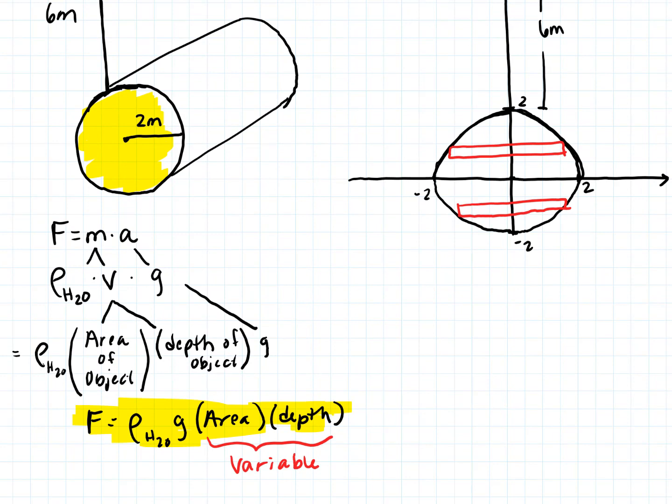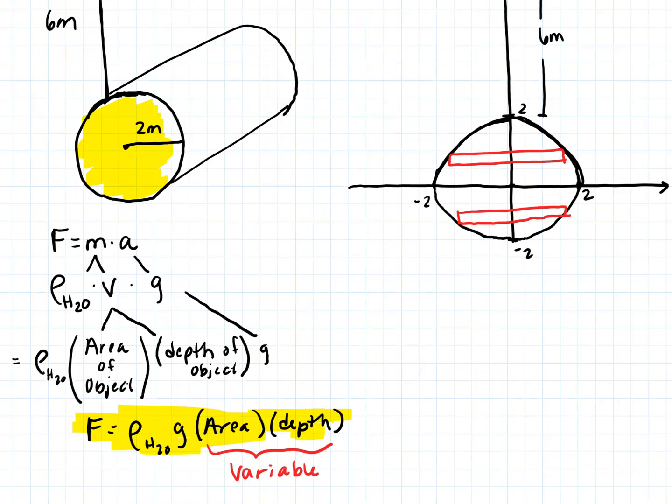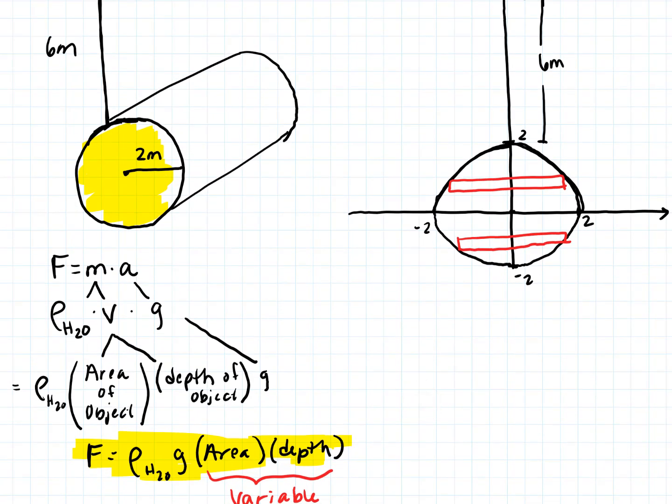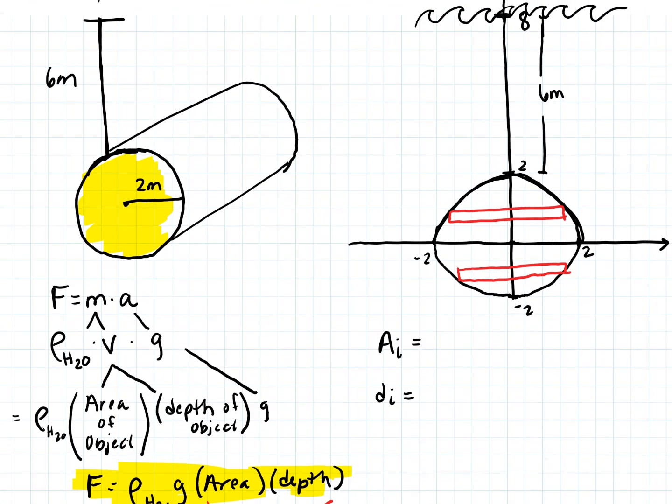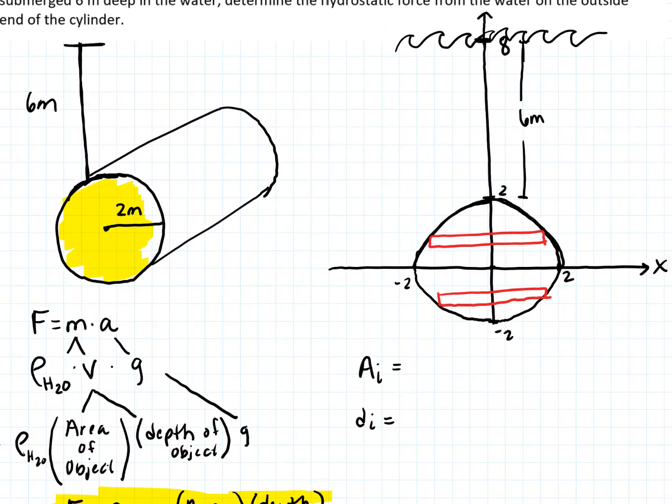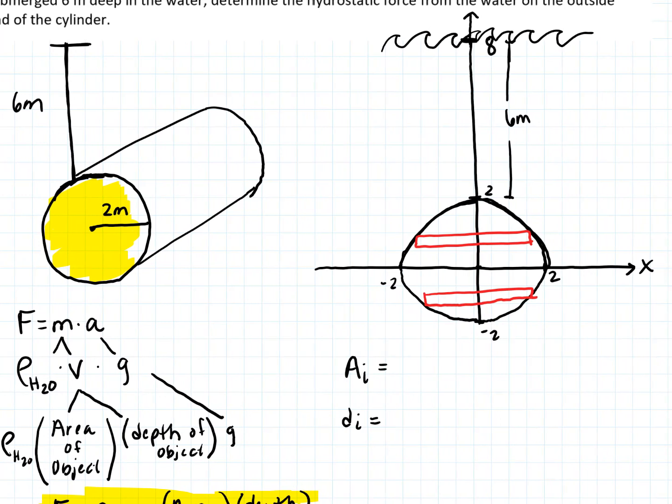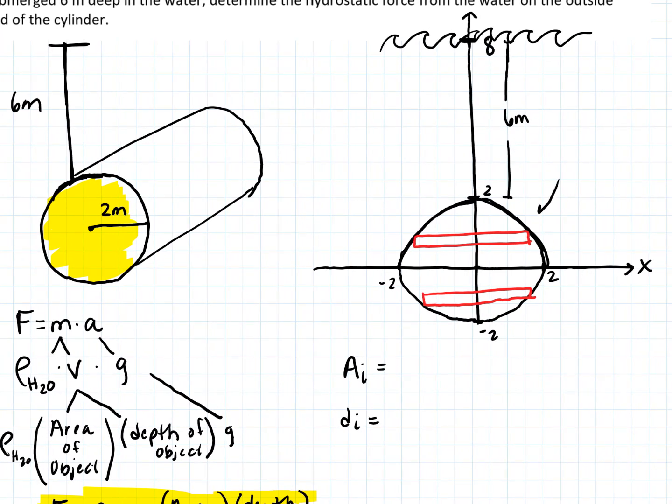So we need to come over here to our diagram and think about, okay, of course gravity and density of the water are going to stay the same, but what is the area of a slice? So what is A sub i, and what is the depth of a slice? And to do that, we're going to need to consider the fact that this picture has a circular face, and the circle based on my coordinate system can be represented as x squared plus y squared equals 4.